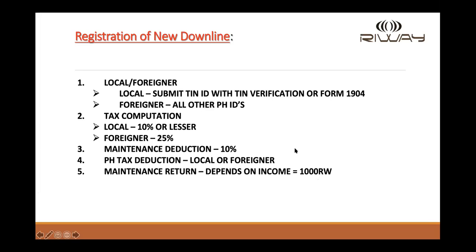However, if your income is more than 1,000 RW or 37,000 pesos, this 10% would go into what we call the product wallet. Meaning to say, the company does not deduct your money and take the money. The company deducts your maintenance deduction of 10% to be put into your product wallet, which I will show you later.